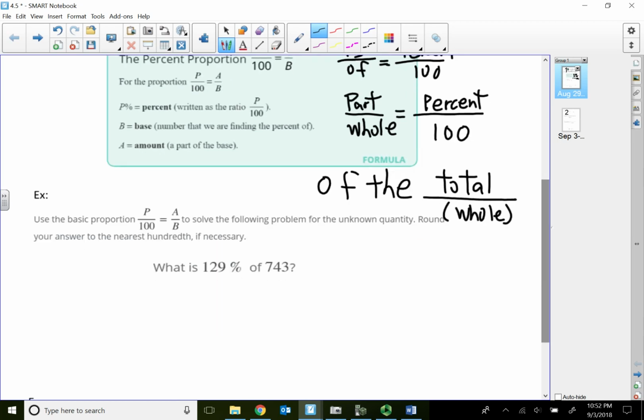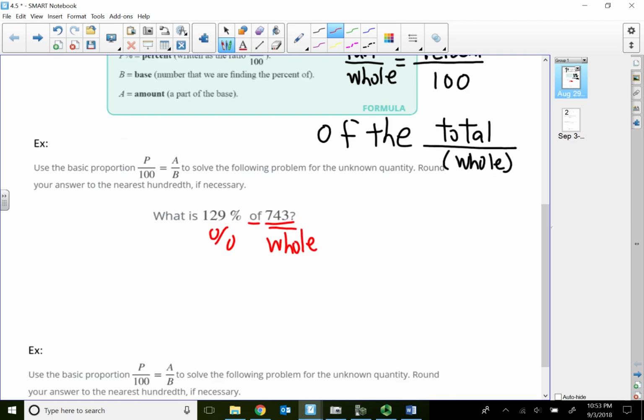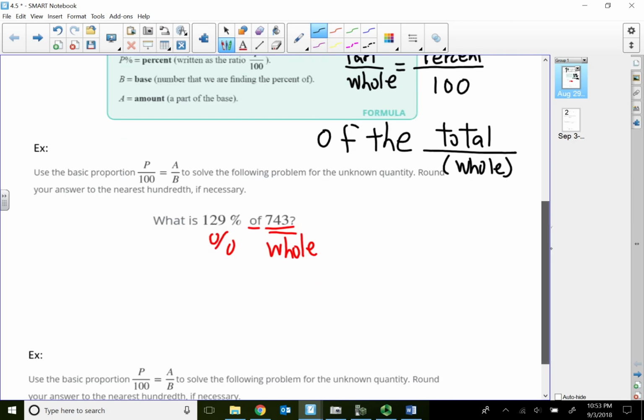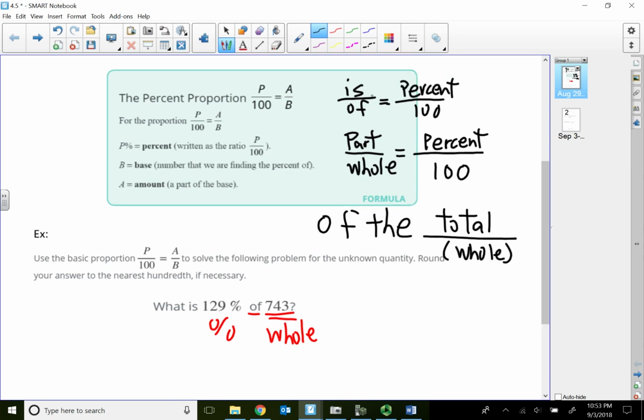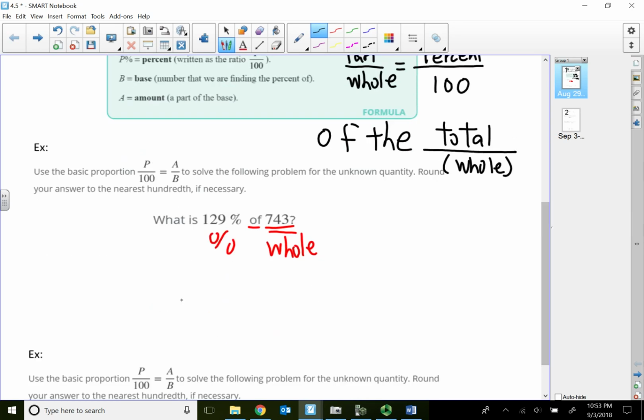All right. So, for example, what is 129% of 743? So, of the total. That tells me that the total or the whole is 743. 129% is the percent. That means in this problem I will be looking for the part, or the amount, or the word "is." Different ways of saying it.